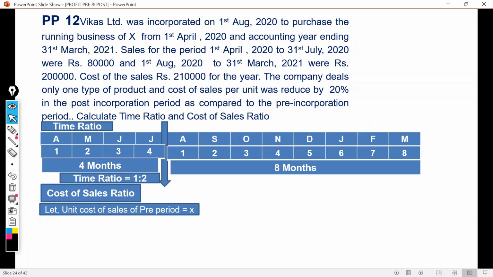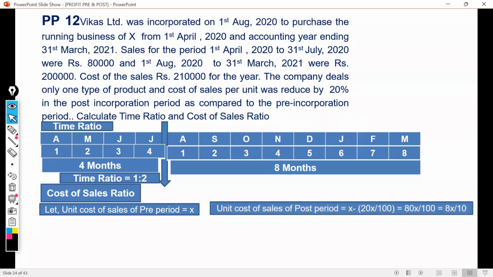let cost of sales pre-period be X, then unit cost of sales of post-period, as given in the question, was reduced by 20%, means X pre-period minus 20% of X is equal to 80X upon 100 is equal to 8X by 10.